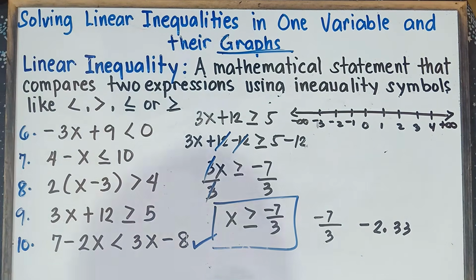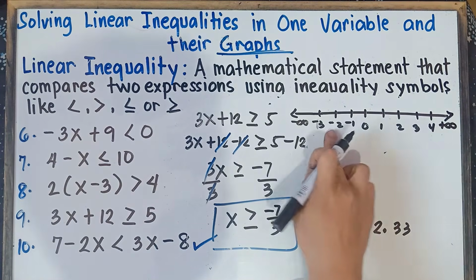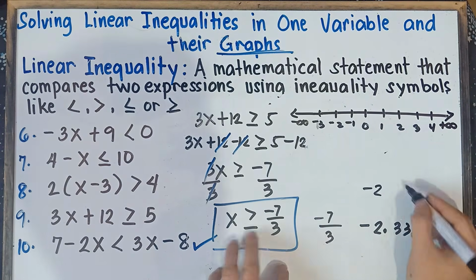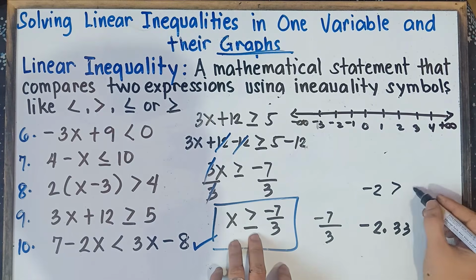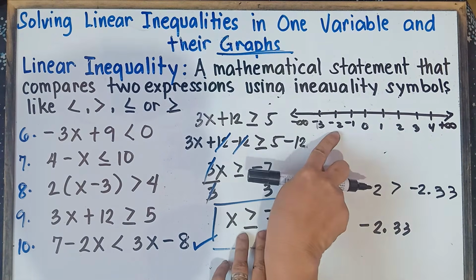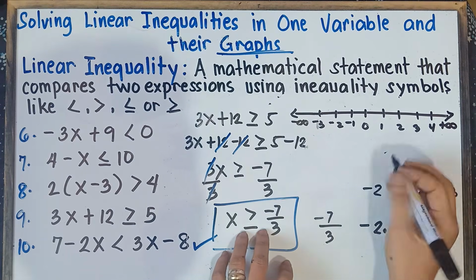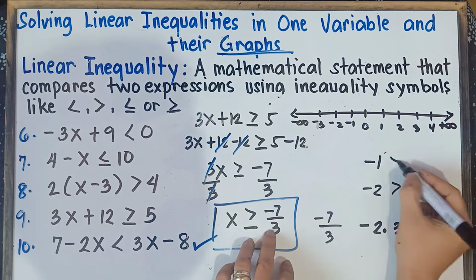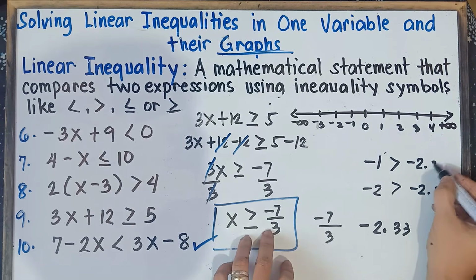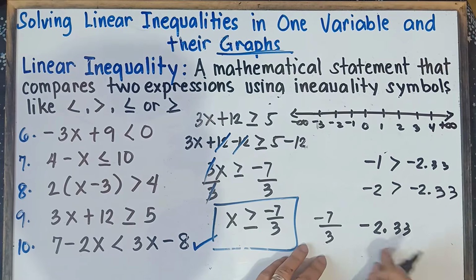So therefore, class, negative 2 is greater than negative 2.33, right? Once again, class, negative 2 is greater than negative 2.33, as well as negative 1 is greater than negative 2.33. Going to the right, class, after negative 2.33, those are numbers greater than negative 2.33.